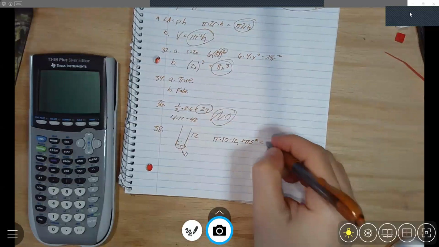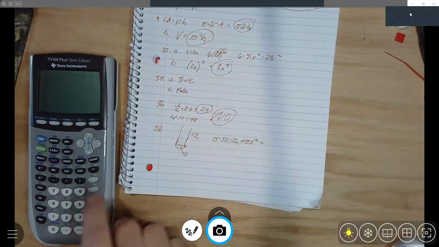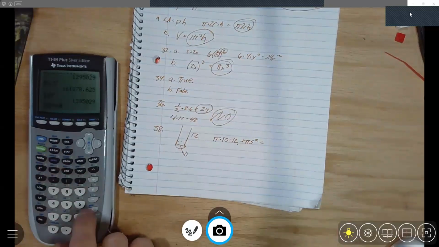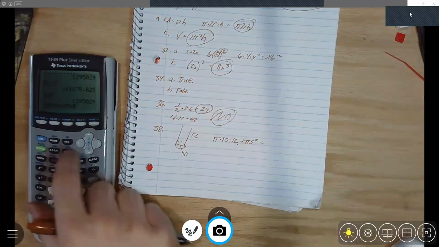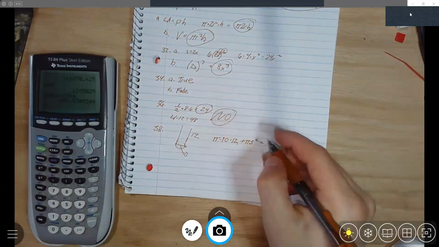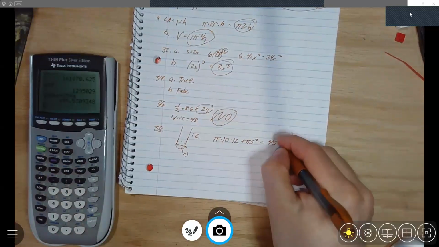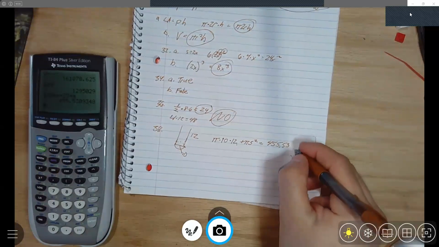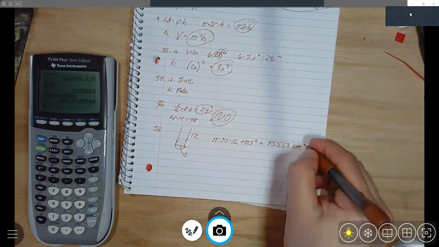So this should get us what we're looking for. So we got 120 times pi plus 25 times pi gives us 455.53, and this is in square centimeters.